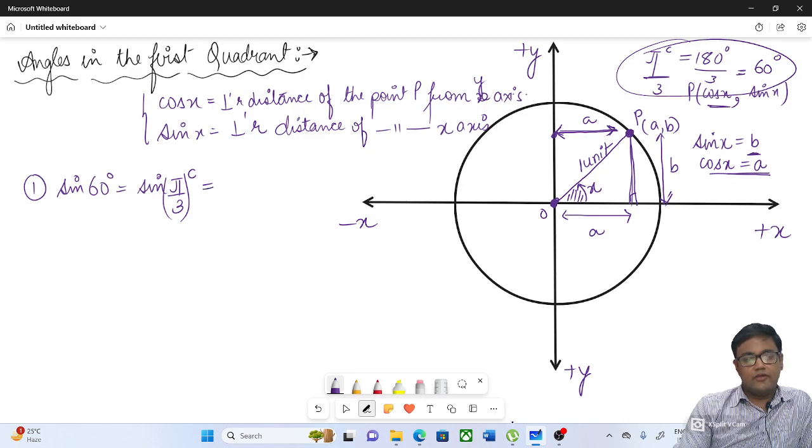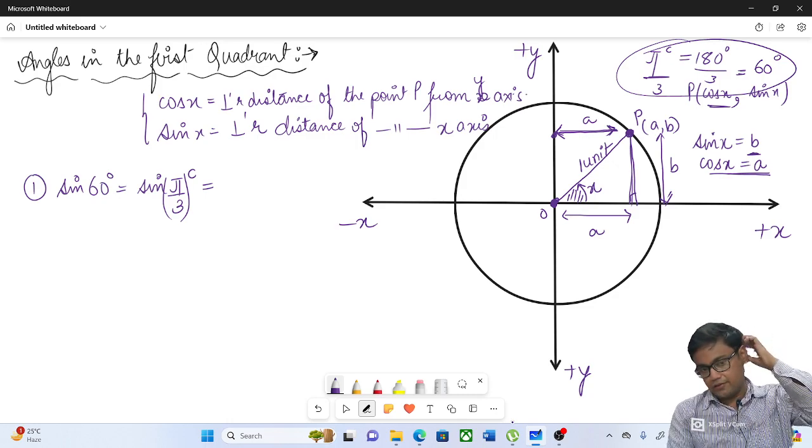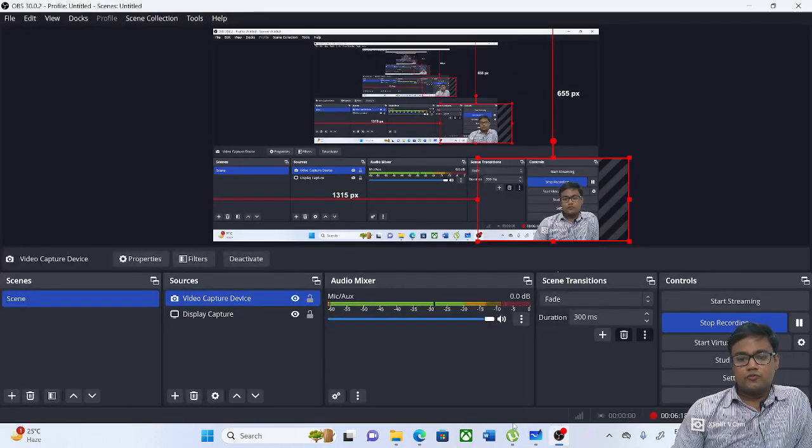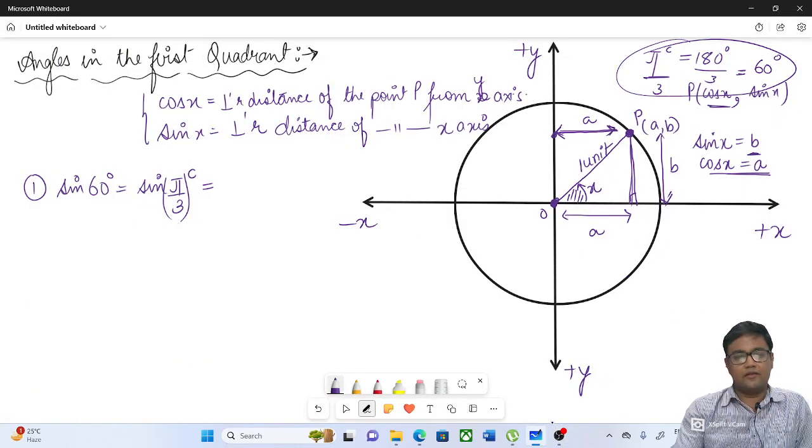Now, we know already from one of my last lectures, if you can go back into the timeline of my channel and see how I have discussed with you children how to find the ratios for certain specified fixed angles, certain trigonometric ratios, and we know the value is root 3 by 2.